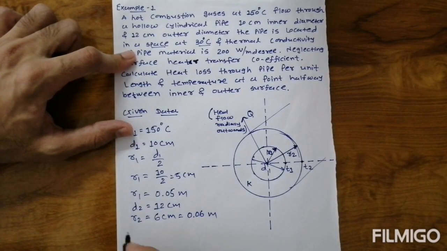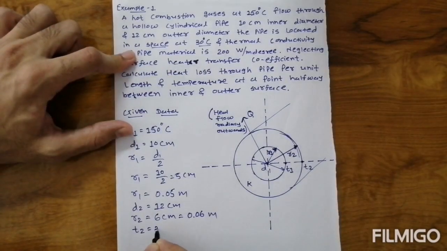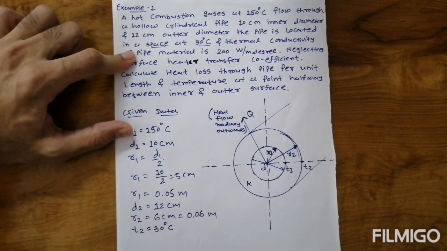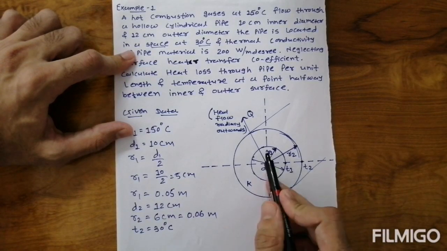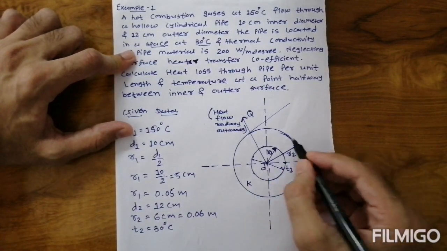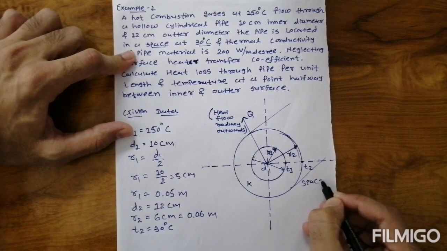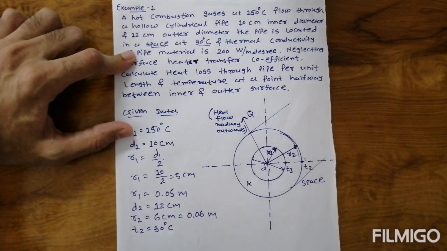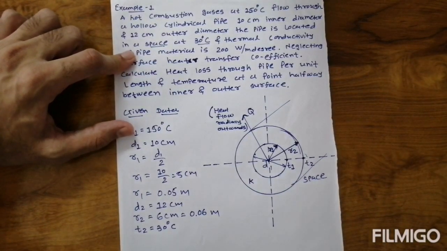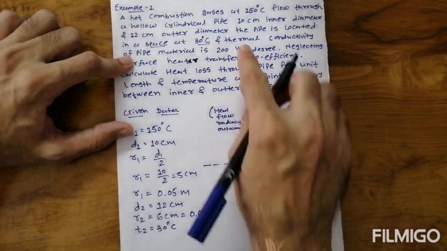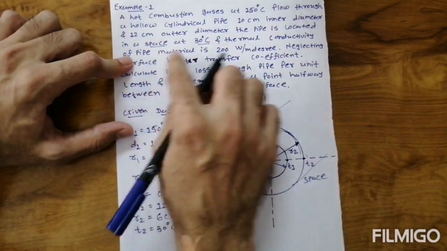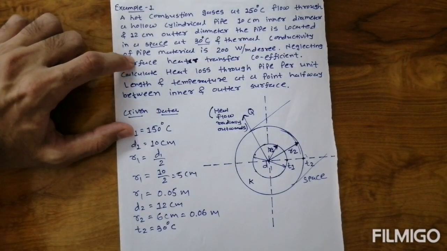So we can take T2 equal to 30 degrees Celsius. T1 is the given surface temperature, and the pipe is located in a space, so the outside temperature T2 is 30 degrees Celsius. The thermal conductivity of the pipe material is 200 watt per meter degree.